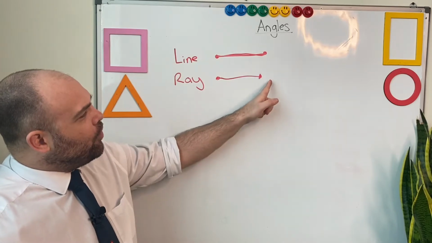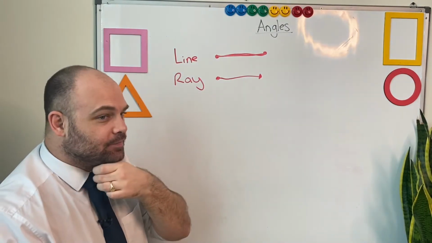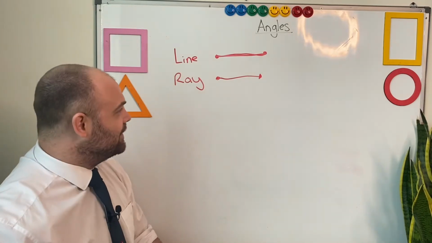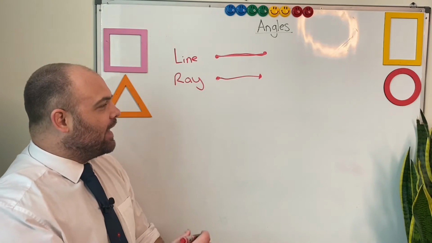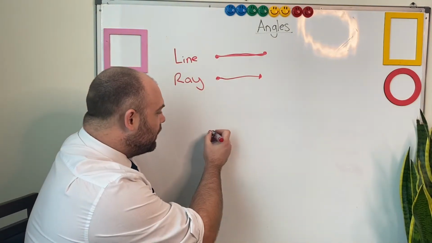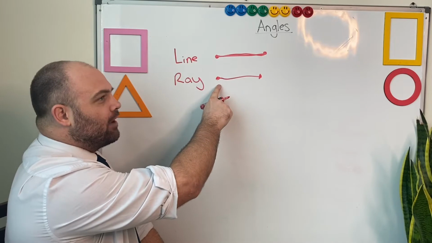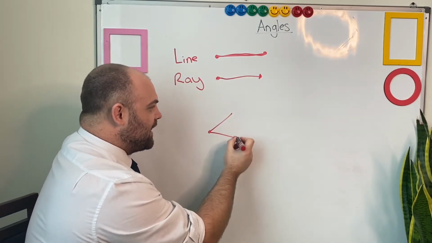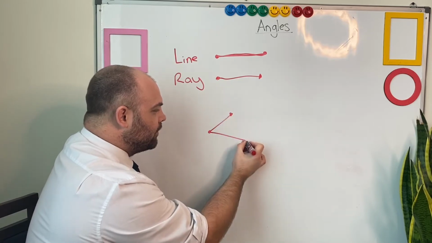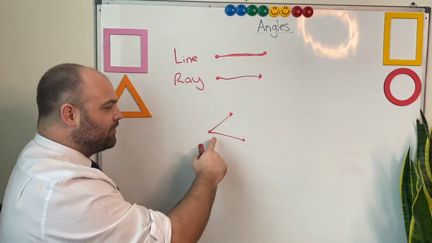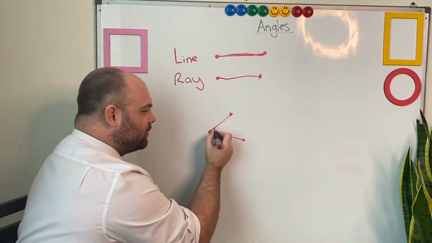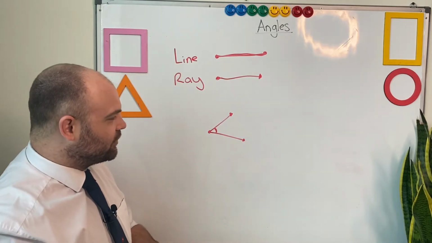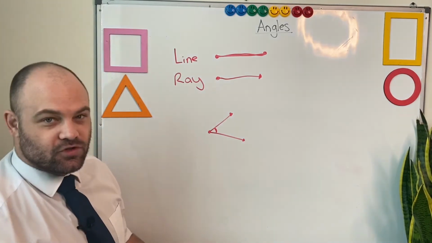So knowing these two things, we can now start talking about what an angle is. And anytime you have either two lines or two rays, or a line and a ray going from the same point, you will have an angle. And the way that we show an angle is just by drawing a small fraction of a circle in between those two rays.